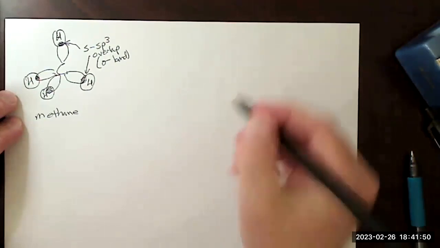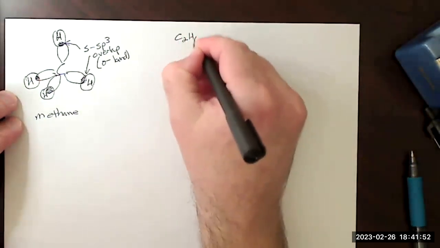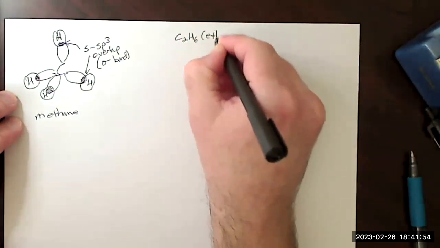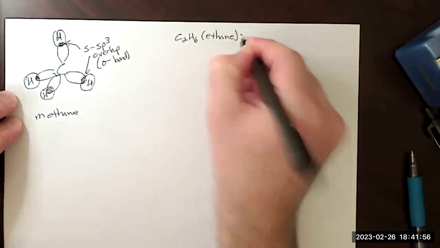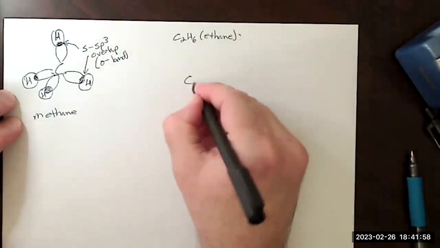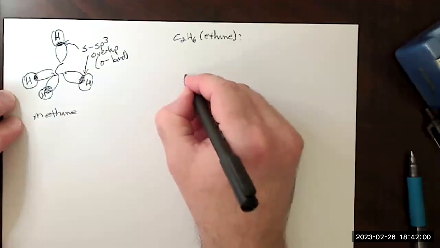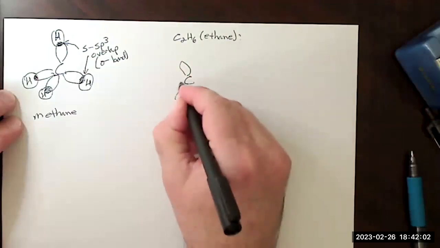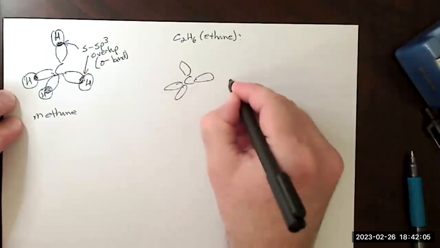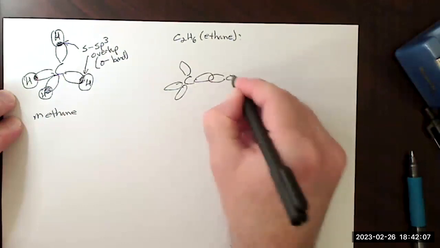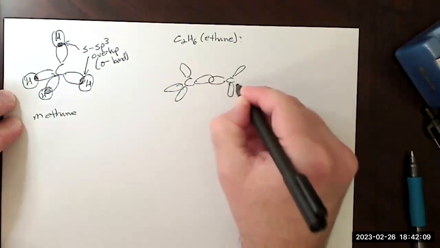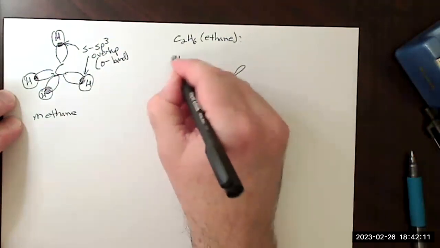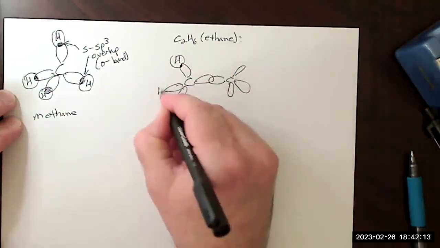We can do ethane, so C2H6, ethane, where we'd have C, and then we'll put our H's in here.